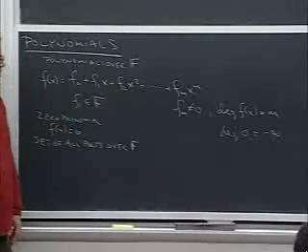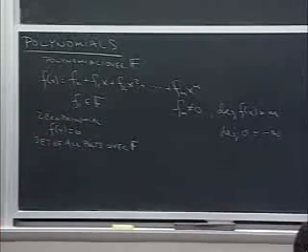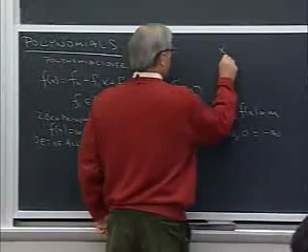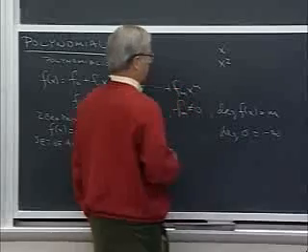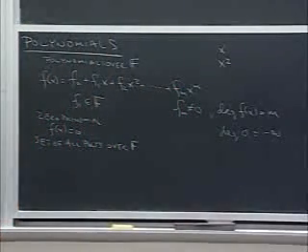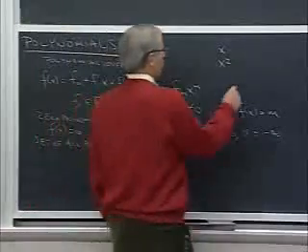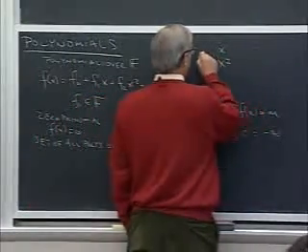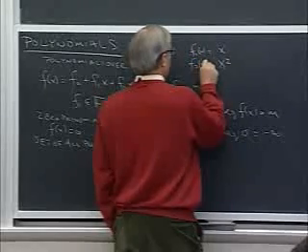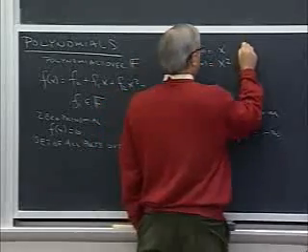When we get to finite fields, it's important this be an indeterminate, because consider x and x squared as polynomials over the binary field f2. What are the values of these? We call this f1 of x equals x, f2 of x equals x squared.